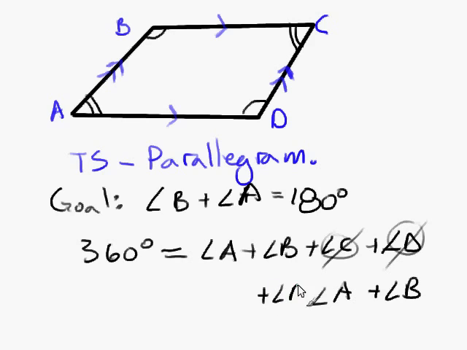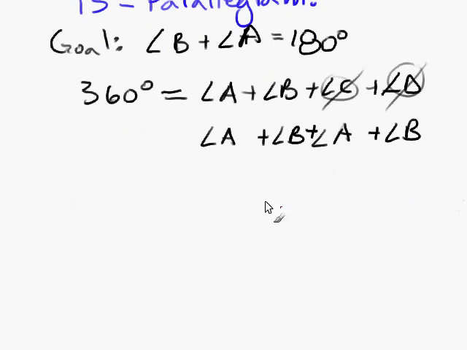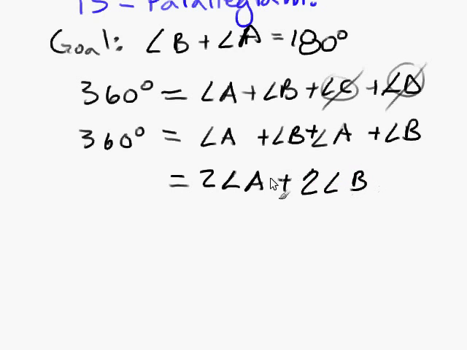So we would have A plus B plus A plus B is equal to 360 degrees. Let's combine some terms here. 2 times angle A plus 2 times angle B is 360 degrees.